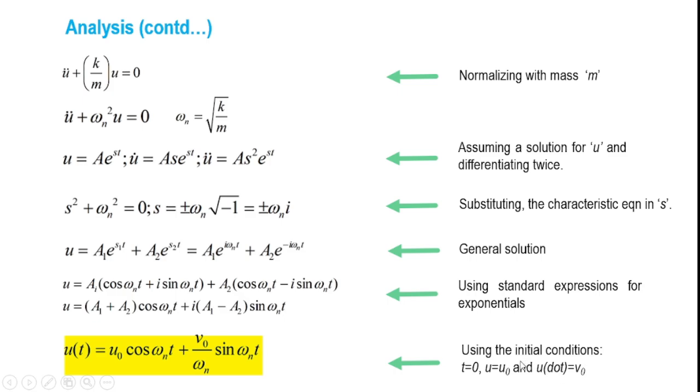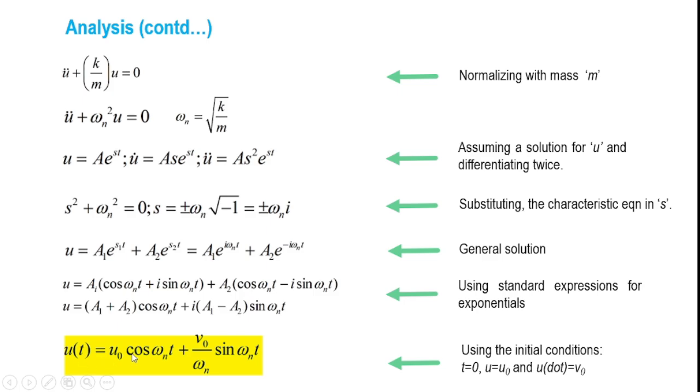Substituting these initial conditions and evaluating A1 and A2, we can write down the response of the undamped free vibration u(t) as u0 cos omega n t plus v0 by omega n sin omega n t. Looking at this equation, we have the initial conditions, the initial displacement u0 and v0, and also one important parameter omega n, which decides the response u(t).